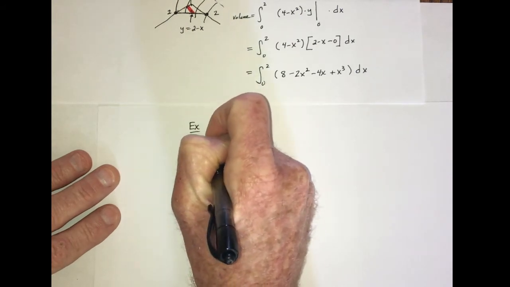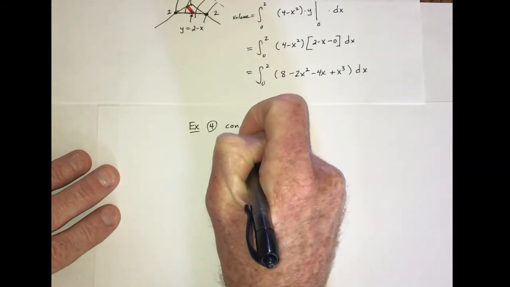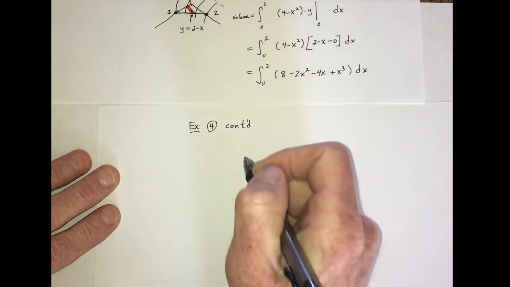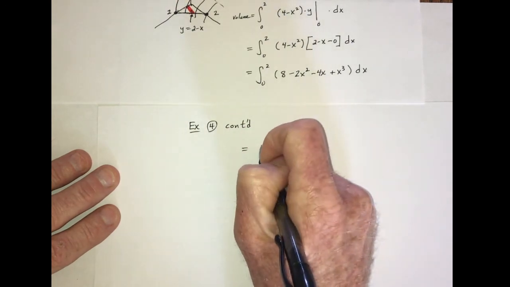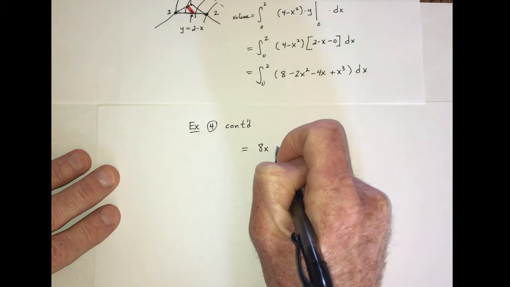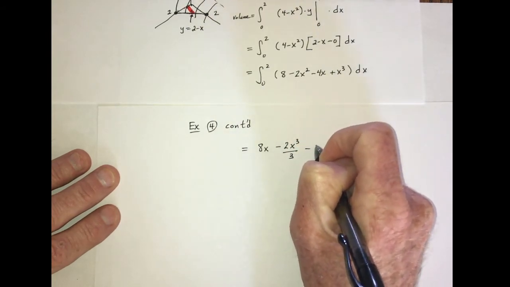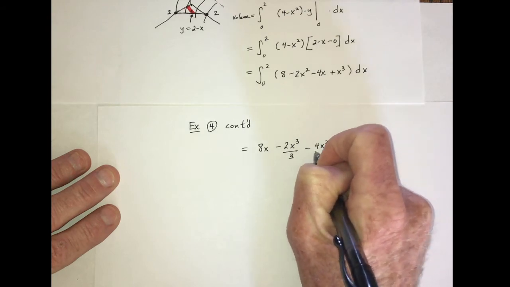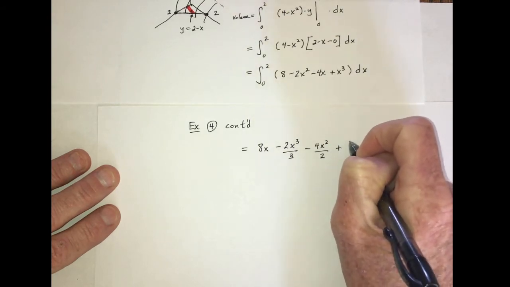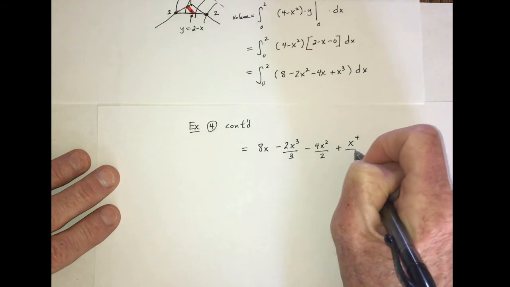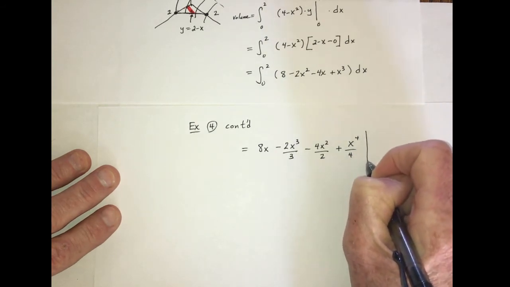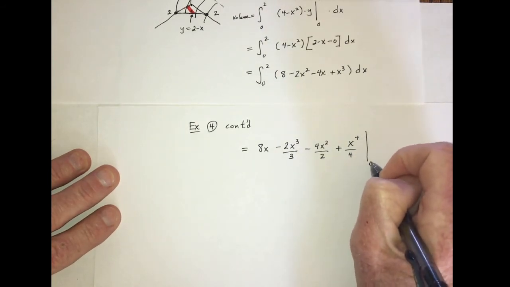Example 4 continued. So the antiderivative would be 8x minus 2x cubed over 3 minus 4x squared over 2 plus x to the 4 over 4. And then that gets evaluated from 0 to 2.